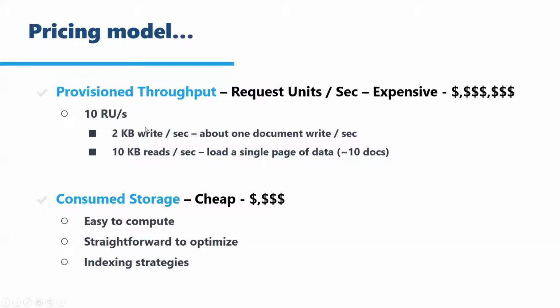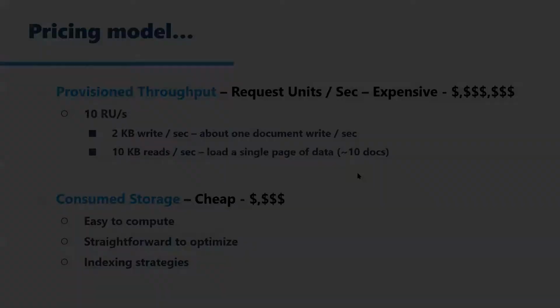So we have a 2 kilobyte write in a second, that's a request unit. And there are other things that you're paying for, the amount of storage and the network traffic and a bunch of other stuff like that. But for the most part, those are relatively stable things, and they don't change very rapidly, and it's very easy to understand them. The request unit is the most important concern.